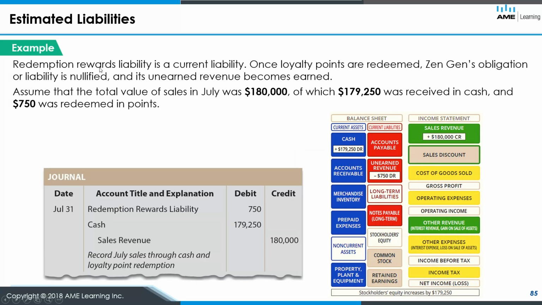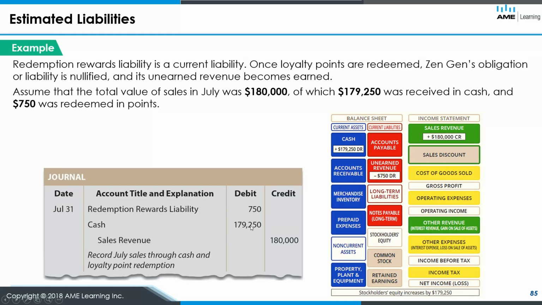So this example, let's see here. So redemption rewards liability, it's a current liability. Once the points are redeemed, the obligation is gone, and unearned revenue becomes earned. So assume that the total value of sales was 180,000, of which 179,250 was received in cash and 750 was redeemed in points.